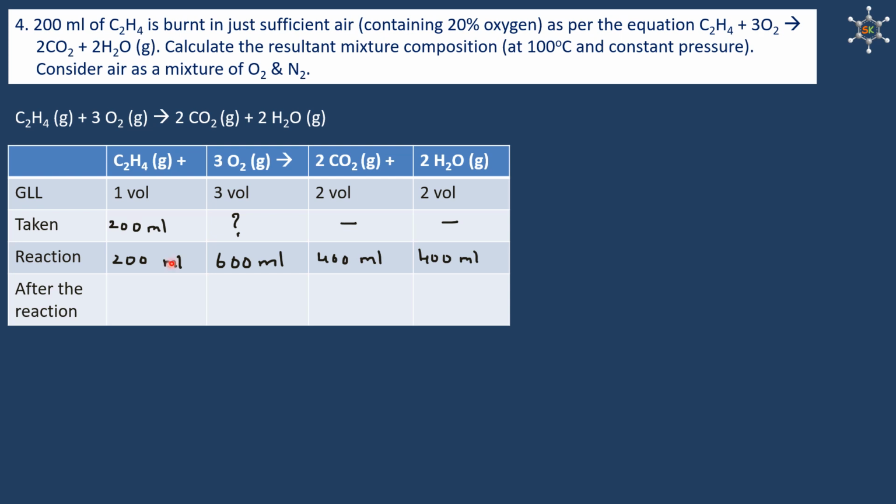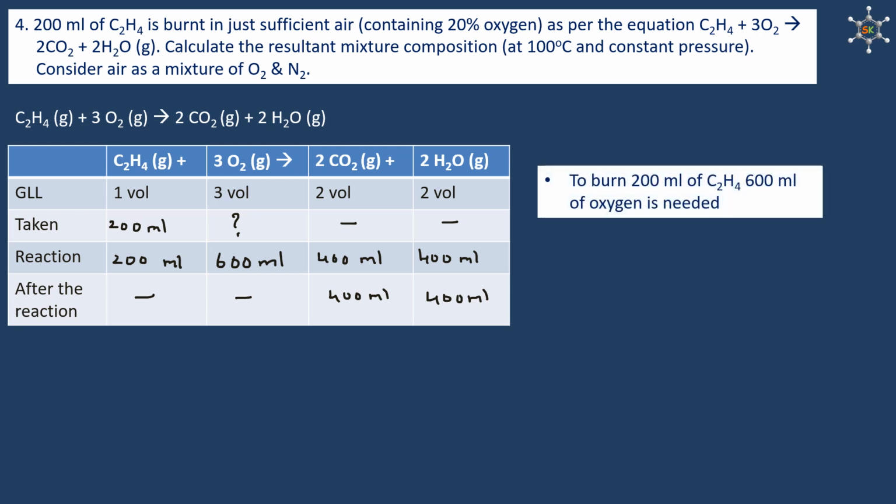After the reaction, C2H4 is completely burnt, so it is not present. Oxygen is also completely consumed. This is also not present. 400 ml of carbon dioxide is present as a product. 400 ml of water vapor is also present as a product.